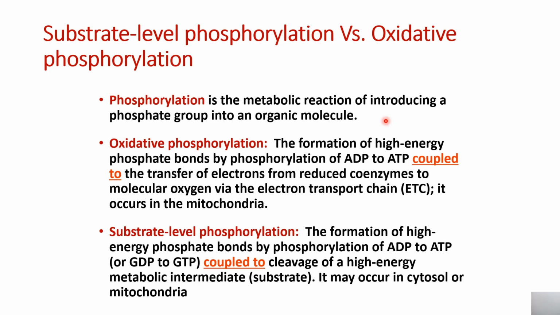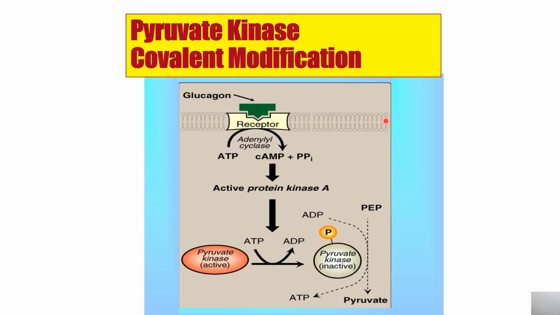Whereas substrate level phosphorylation is the formation of high energy phosphate bonds by phosphorylation of ADP to ATP, or GDP to GTP, coupled to cleavage of a high energy metabolic intermediate, like a substrate, and it may occur in the cytosol or in the mitochondria. So these are the basic differences between substrate level and oxidative phosphorylation.